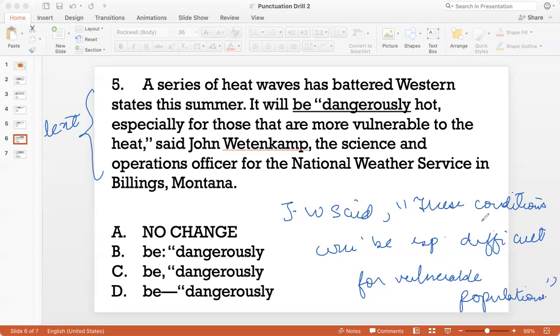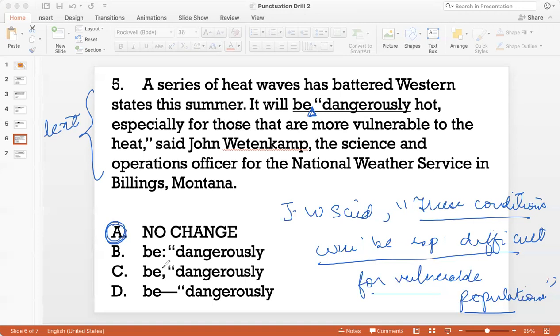So when I say something like this, where I'm quoting his entire sentence, "these conditions will be especially difficult for vulnerable populations," then I put a comma before the quotation. But here, I'm not quoting him in full. I'm using his quotation selectively in my own sentence. And so this position will not have a comma. The way the sentence is written is correct.